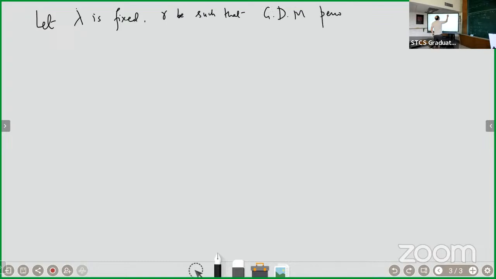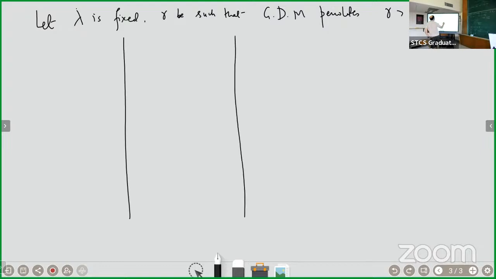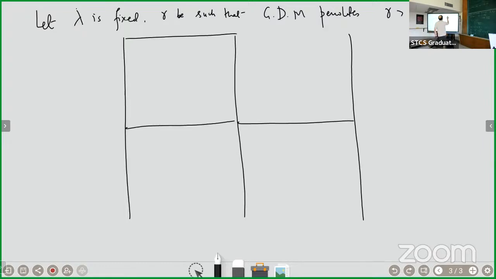Essentially, what we're saying is R is greater than the critical radius. And now look at this Z2 lattice. Intentionally make it very large. This is my square lattice, this usual Z2.